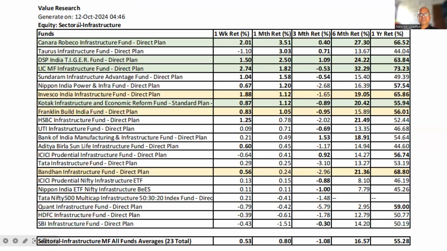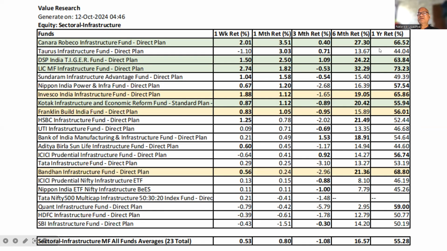Next is infrastructure funds. There are 23 infrastructure funds, 0.53 for weekly average. Everything is average, and annual return 55.28 is very impressive. There are 4 funds in green: Canara Robeco Infrastructure Fund, DSP India Tiger Fund, LICMF Infrastructure Fund, Kotak Infrastructure and Economic Reform Fund.